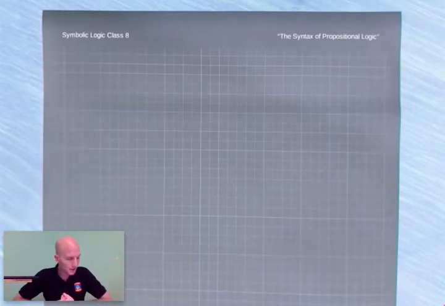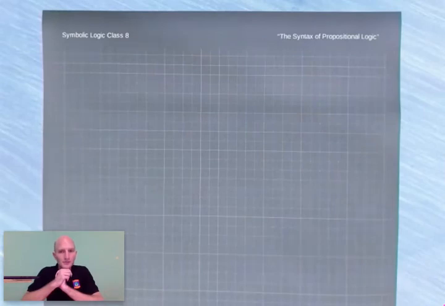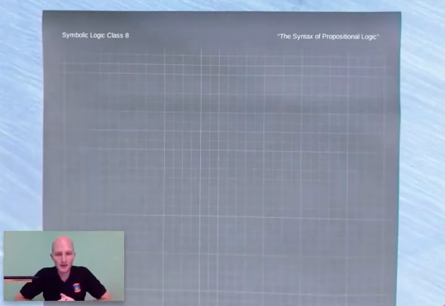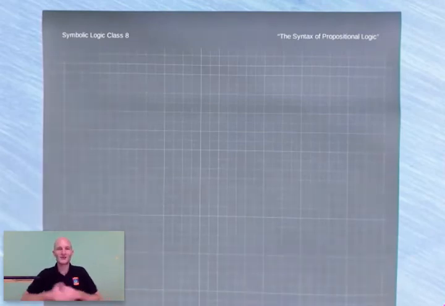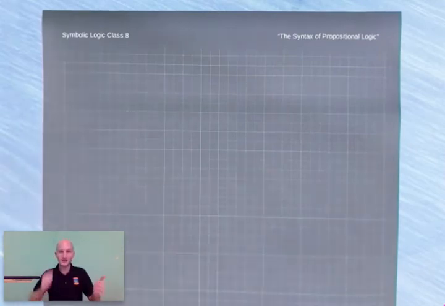Now, let me say this first. We're going to talk about the meaning of syntax and propositional. But first, I want to say that logic is kind of like a language, okay? Some people would say it's a mathematical language. Some people would say it's a philosophical language. I told one of you at the beginning of this semester that symbolic logic is a philosophy topic, and then during our first class, I was like, "Oh, I was wrong.